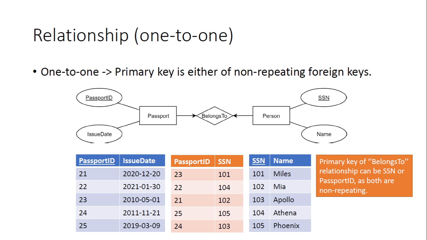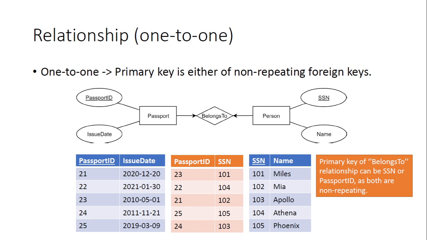And then we have the one-to-one relationships. In one-to-one relationships, for example, let's say passports belong to people. One passport can belong to only one person, and one person can have only one passport, let's say in this case. And in this case, both of these foreign keys in the relationships table are non-repeating.